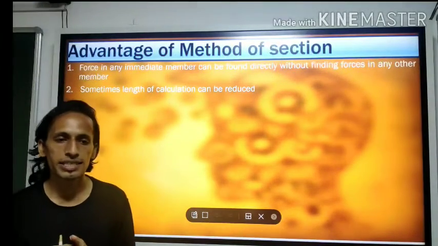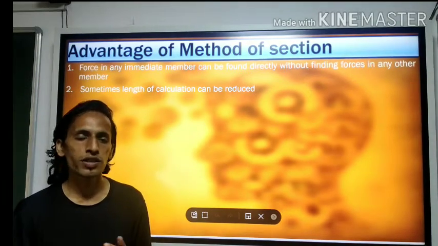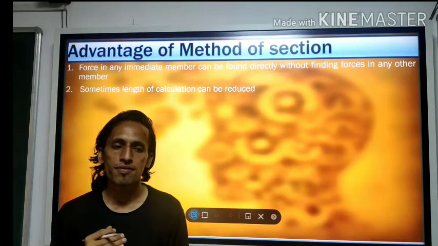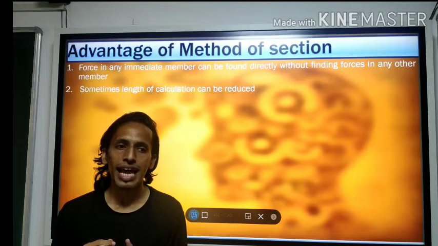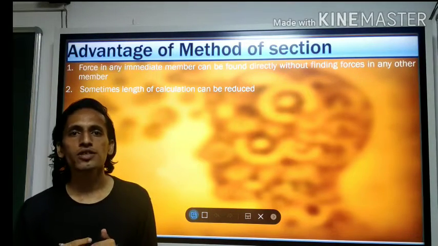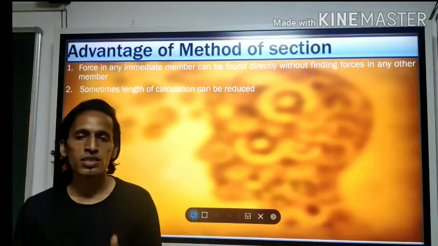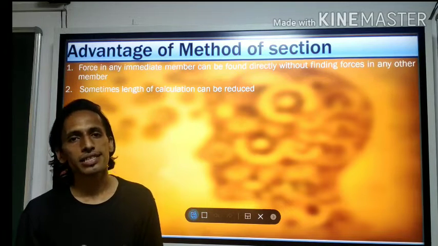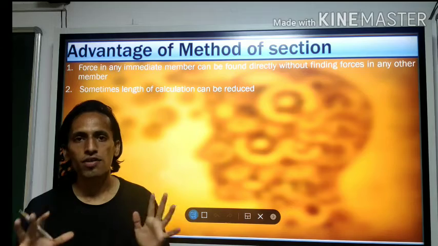First advantage is that if there comes a case where you want to calculate the value of force in any particular member, and you want to calculate for that particular member only, you are not interested in solving the whole truss, you want only one value, then in such situations method of section is very, very helpful, and you can get the answer without a lot of calculation.